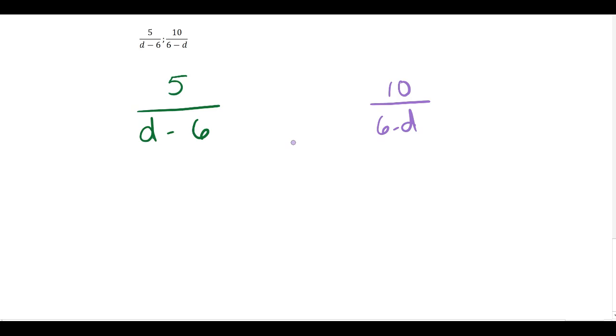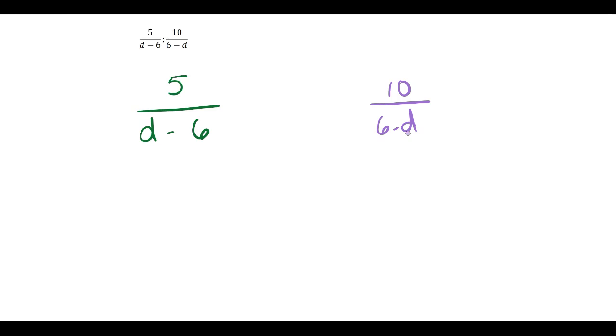They both have a 6, they both have a d, and they both have a subtraction. But if you notice, in this one the 6 is negative, but over here the 6 is positive because there's no sign in front of it. And in the first one, the d is positive, but here the d is negative. So literally they have opposite signs.